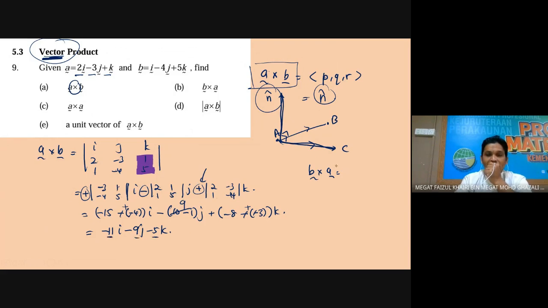But the only thing here now is the new vector n, which is positive 11, 9, and 5. Opposite. Why? Because between vectors A and B, you will get a new normal. The difference is either the normal moving upward or moving downward. So this is a normal moving downward that we have negative here. So B cross A, we got normal moving upward, which is positive, right?